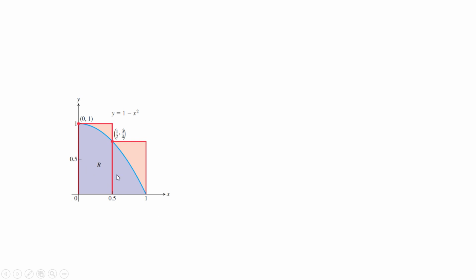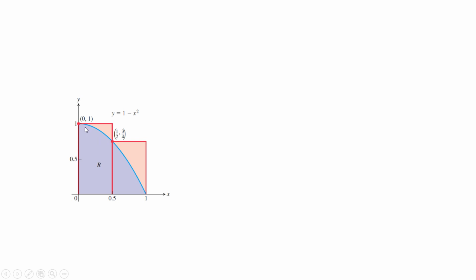Next, we'll draw rectangles using the height of the function. In this interval, 0 to 0.5, we can see there are different heights of the function. This curve shows the heights of the function at different points in the interval.